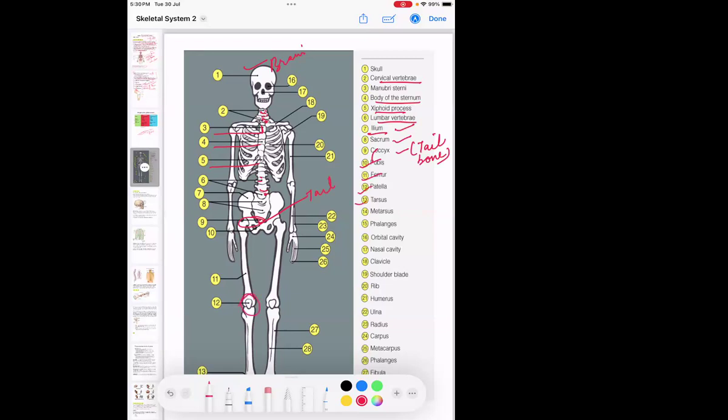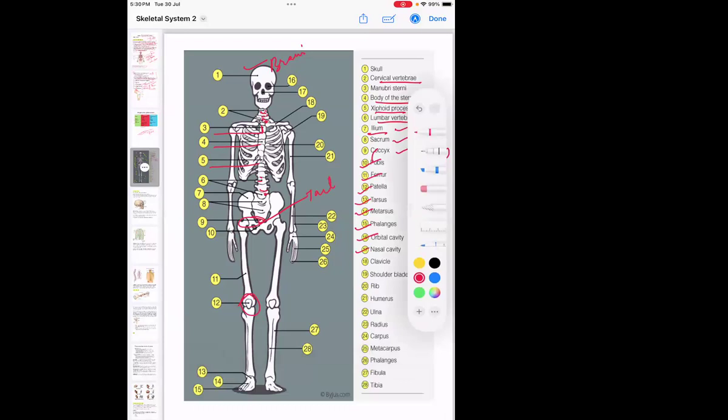Then the 13th is the tarsus, 14th metatarsus, 15th phalanges, 16th orbital cavity, 17th nasal cavity, 18th clavicle, 19th shoulder blade, 20th rib, 21st humerus, 22nd ulna, 23rd radius, 24th carpus, 25th metacarpus, 26th phalanges, 27th fibula, and 28th tibia. So these are the major bones present in our skeletal system.